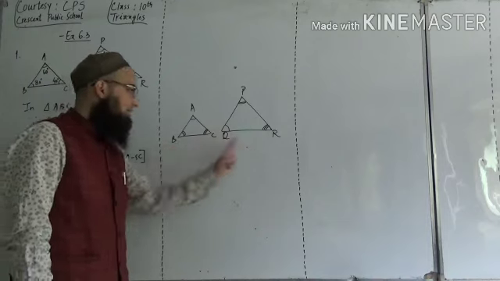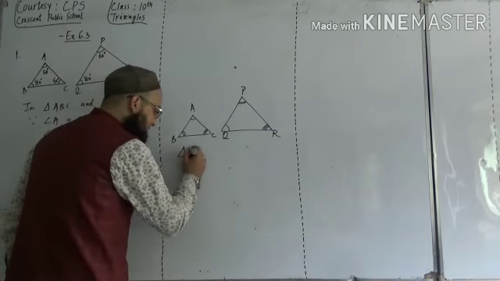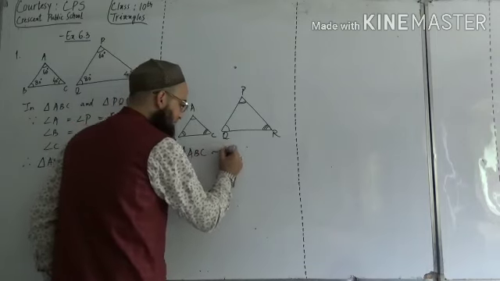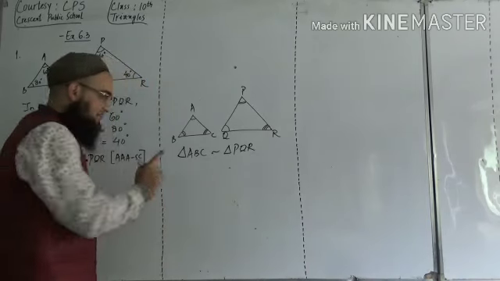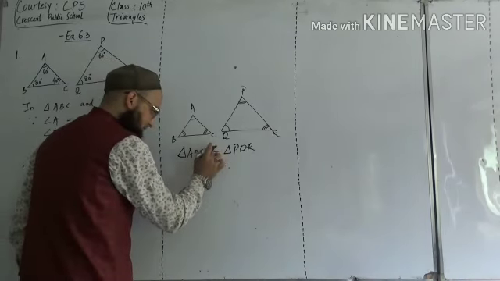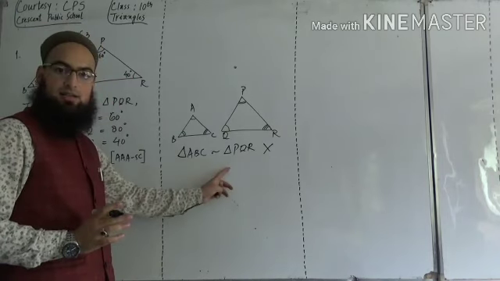Now here 3 angles are equal to the 3 angles of the other triangle, but you cannot say triangle ABC is similar to triangle PQR. It's not so. This is an invalid expression.